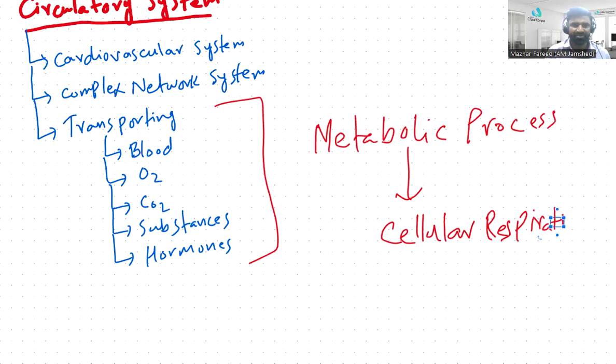Cellular respiration is a process through which carbon and hydrogen containing molecules are broken down and ATP, or energy, is produced for the body functioning. Is it clear?